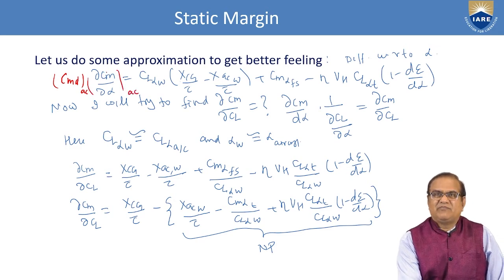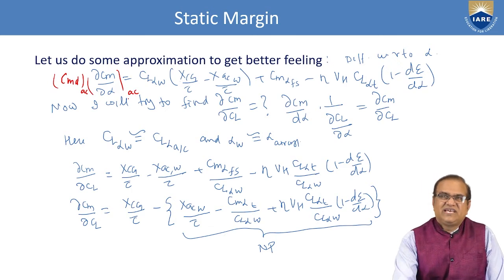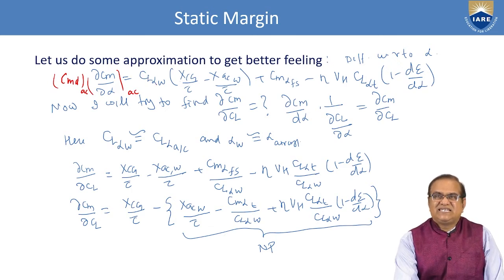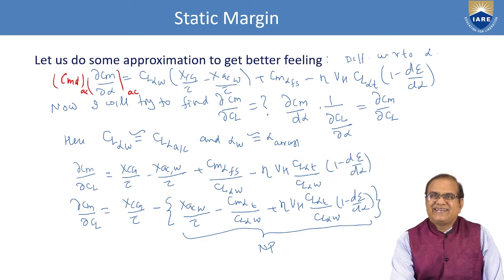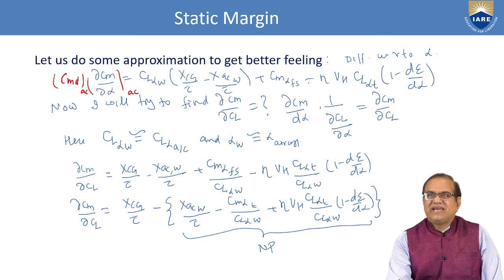So dCm by d alpha of aircraft is the summation of CLW, the coefficient of lift of the wing, in bracket XCG by C bar minus XACW by C bar, plus Cm alpha fuselage, minus neta VH CL alpha T, 1 minus d epsilon by d alpha.